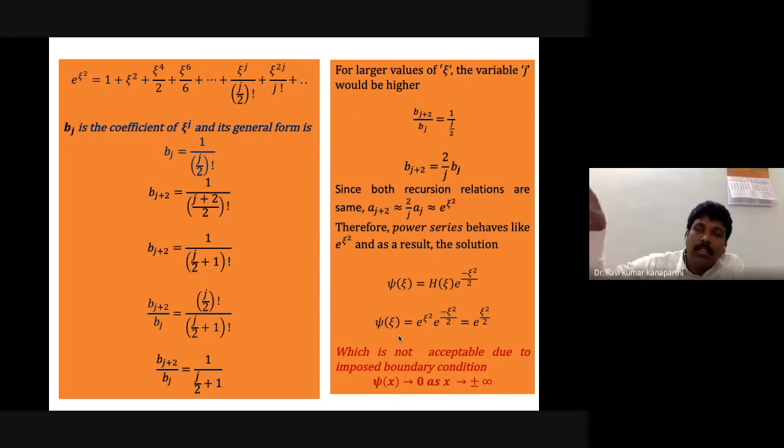If it runs like this, then we get the e to the power z square by 2 function. Had it stopped at a finite value, then we may get acceptable solutions. So this is a problem if the power series goes to infinity. Suppose the power series is terminated at a finite value of z to the power j, then we will get acceptable solutions.